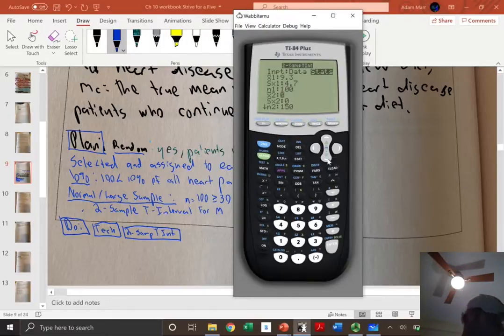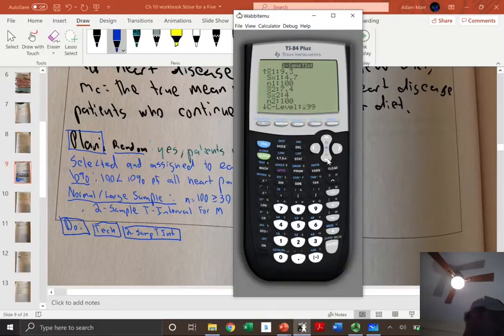Next one we have right here is x bar sub c, the current diet. That was 7.4. Okay, and the sample standard deviation is 4. And that n value was also 100. They were both samples of 100.